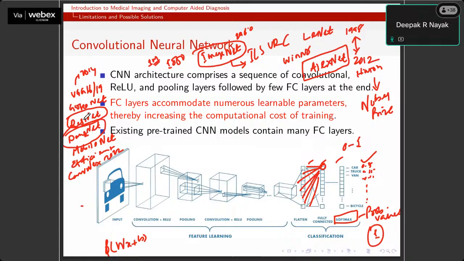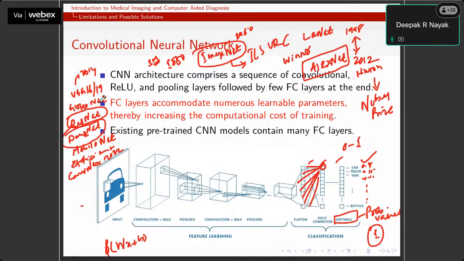People are still using these architectures to solve their tasks, whether it is medical imaging, satellite images or agriculture-based images. We'll see how to use these architectures, which are developed using the ImageNet dataset containing natural images and 1,000 classes, and whether we can use these models to solve our problem.